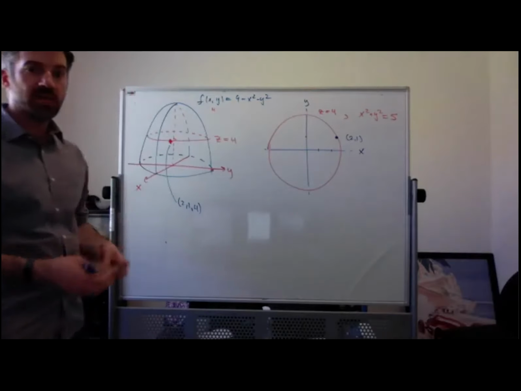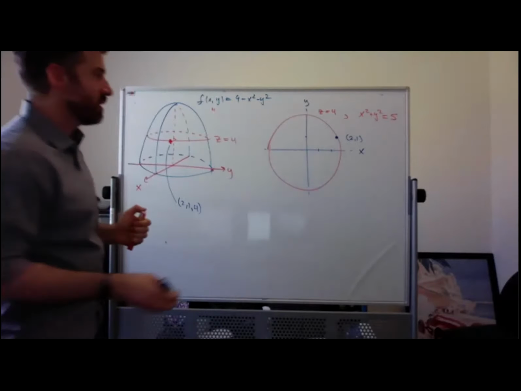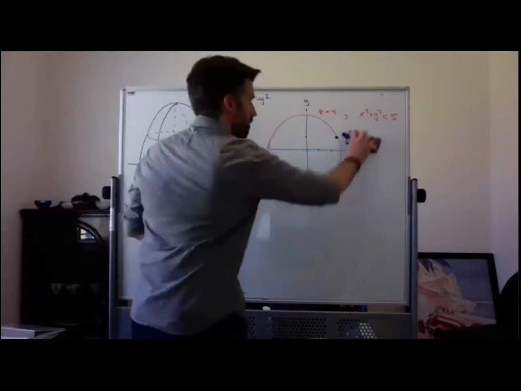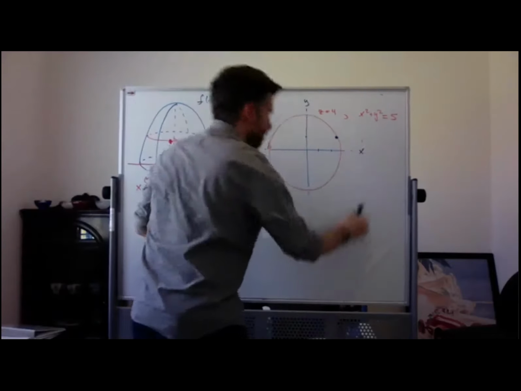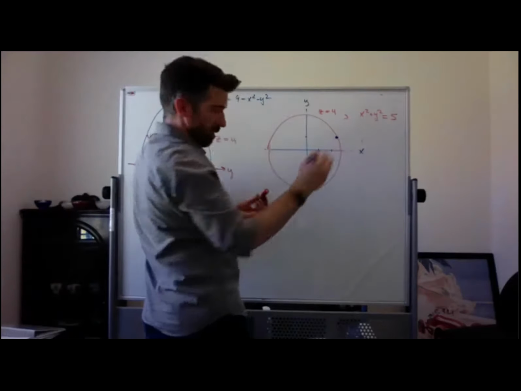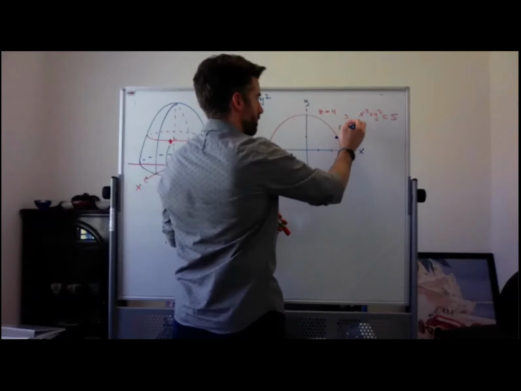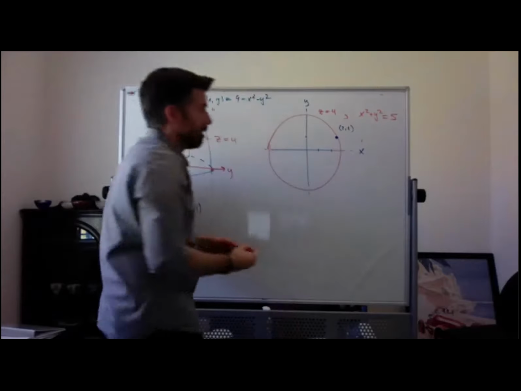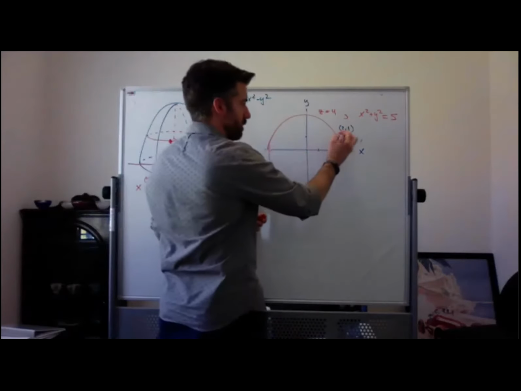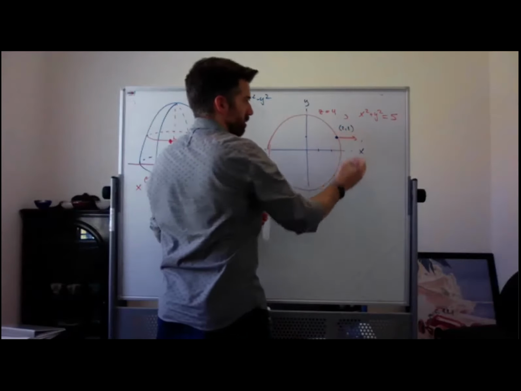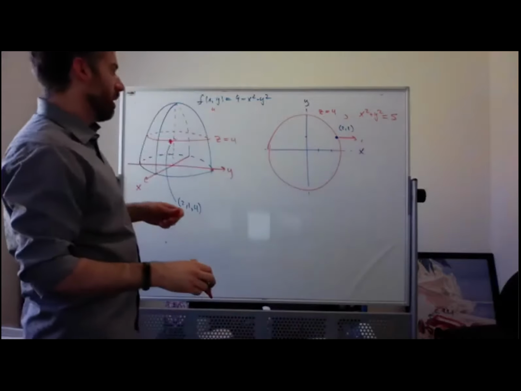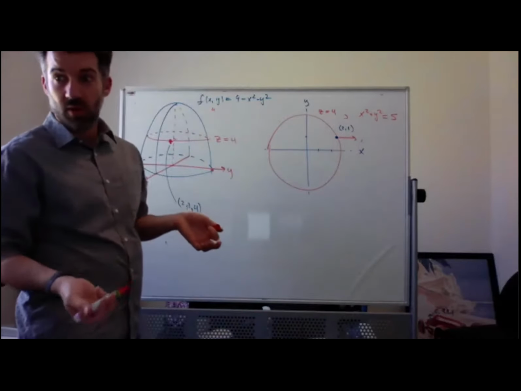So it's the point x equals 2, y equals 1, z equals 4. And so far, here's what we've seen. If I travel in the x direction, well, I should have drawn some more level curves.